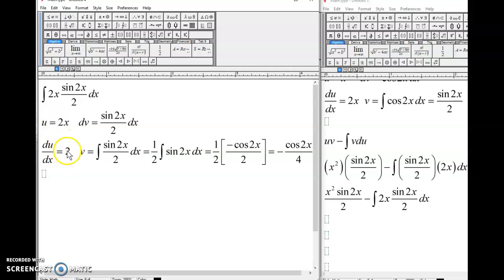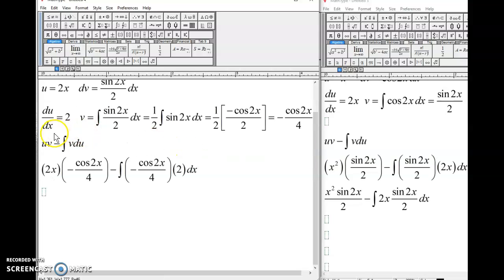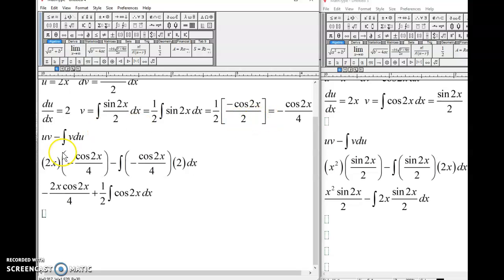So I'll get du dx as 2 and v is negative cos 2x over 4. Alright, the next thing to do is, as usual, we substitute it in this formula. Simplify this and this. As you can see now, I have pulled out all of the constants and cancelled out the 2 and 4 here. So this is what it becomes.